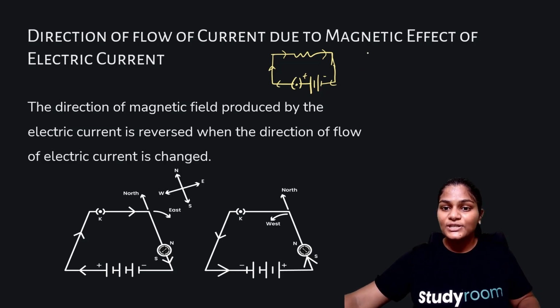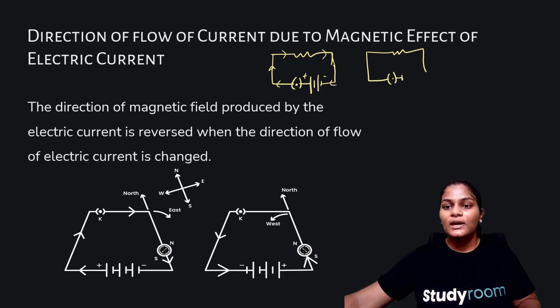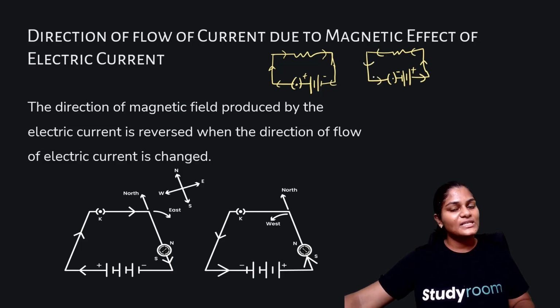We just change the way we put the battery. Look at this. This is the key, and the resistor is at the same place. If I just put the battery with its negative here and positive here, the current flows in the exact opposite direction to what it was in the previous case.